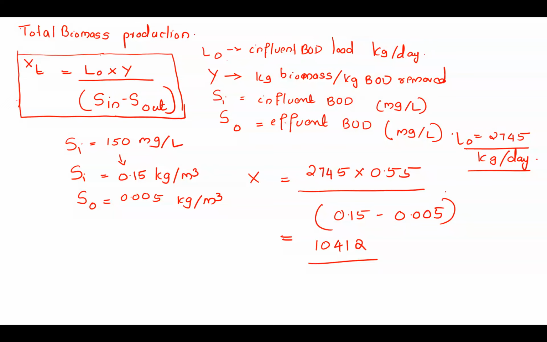The main thing here is 2745, which is kg per day. The unit here is also kg per day, and then this is kg per kg, divided by kg per meter cube. In the previous class, the doubt was that when we cancel out the kg, the remaining unit was meter cube per day, right?